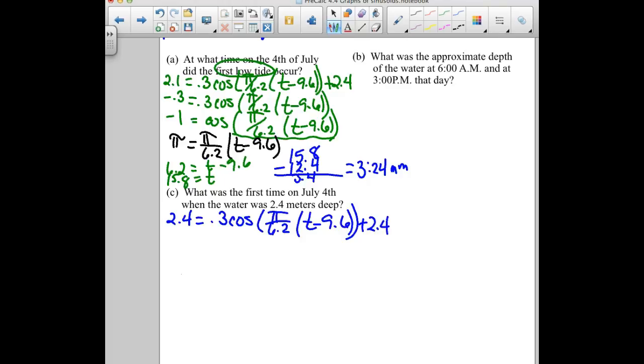What did we do first? Subtract the 2.4, which gives us 0. Then what did we do? Divide out our 0.3. What's 0 divided by 0.3? Still 0. So we're really saying that 0 equals the cosine of pi over 6.2 times t minus 9.6.